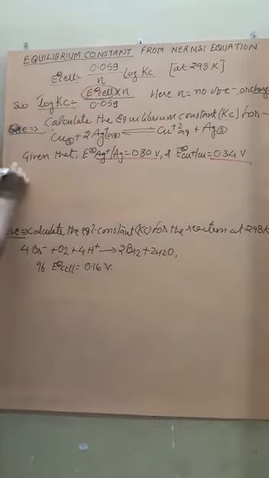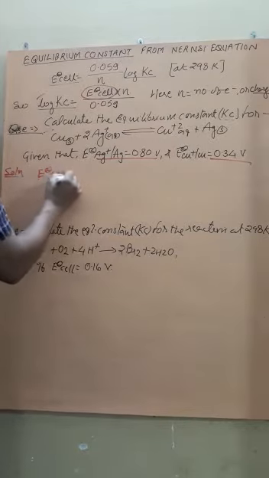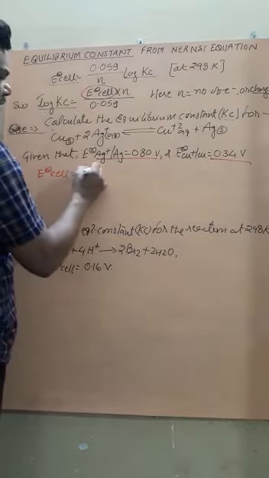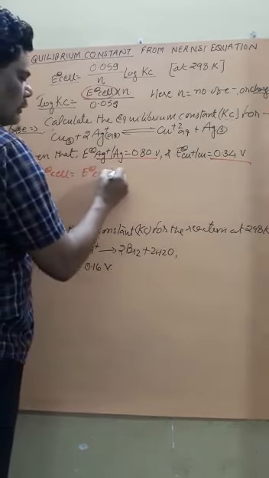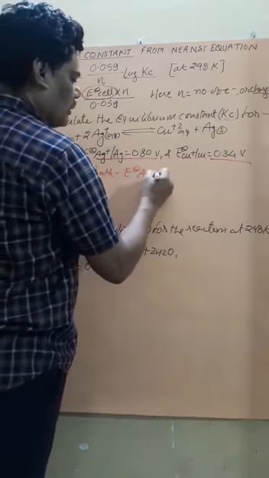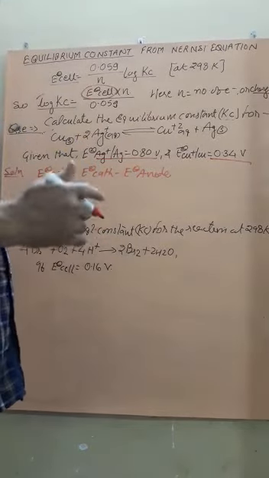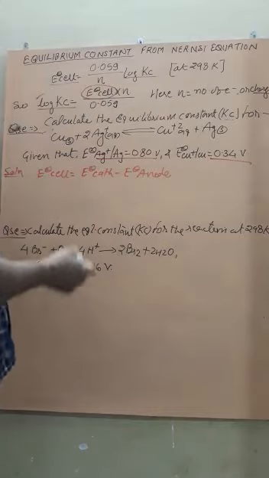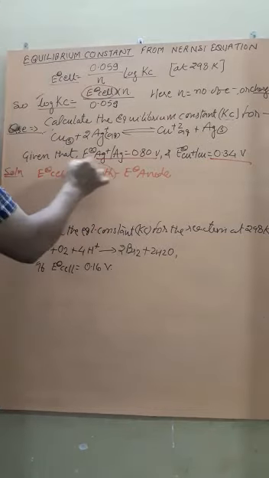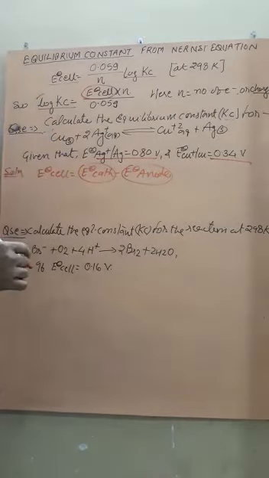We will start from here. E standard cell is equal to E standard cathode minus E standard anode. Now student, the one which is getting reduced during the reaction is called cathode, and the one which is getting oxidized is called what? Anode.